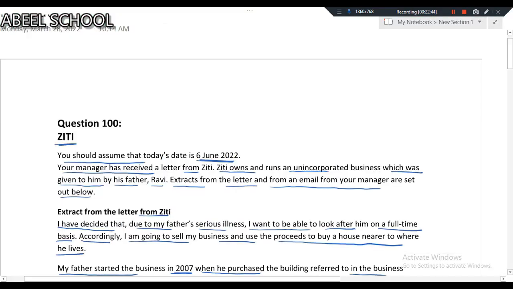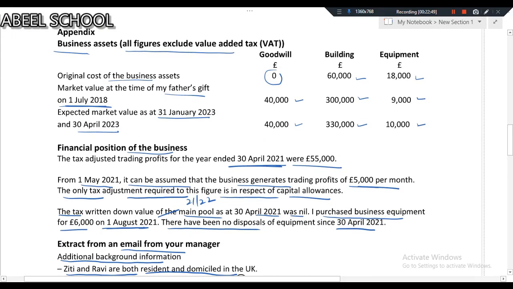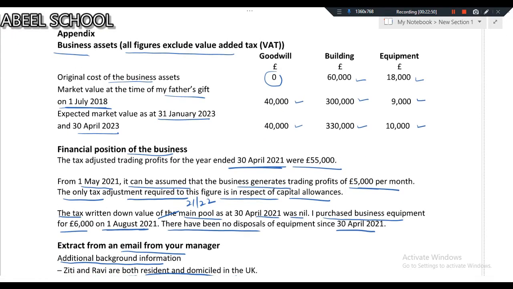Now, after that, what is happening? Look at this, dear student. On 31st January 2023, market value has been given. Definitely, goodwill has nothing to do because when we are ceasing the business, we will not get anything against the goodwill. But look at this equipment.